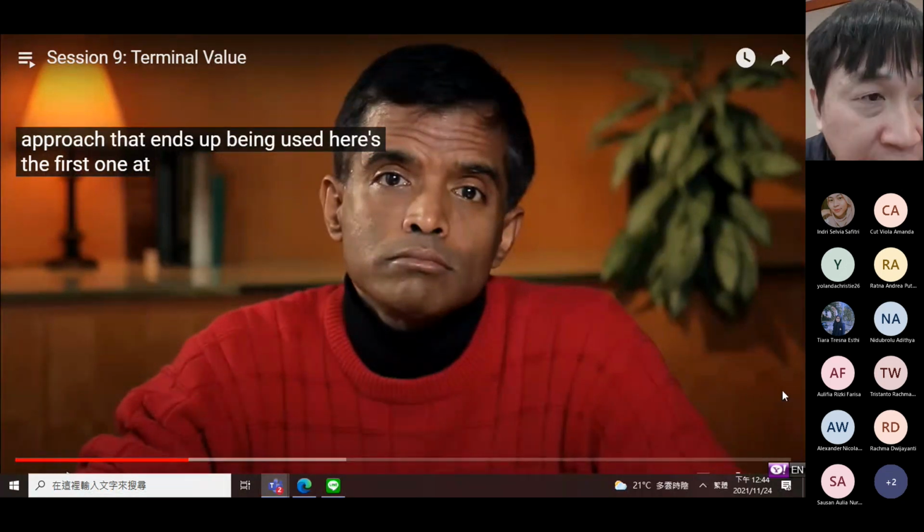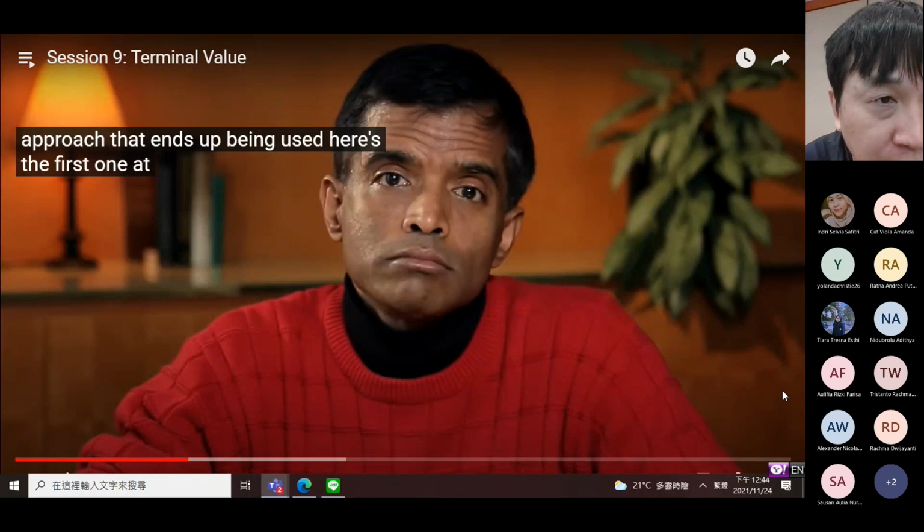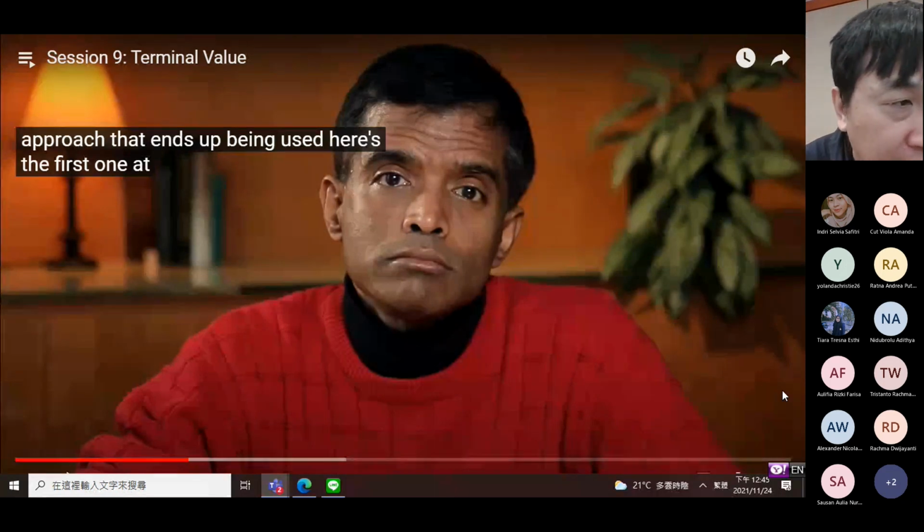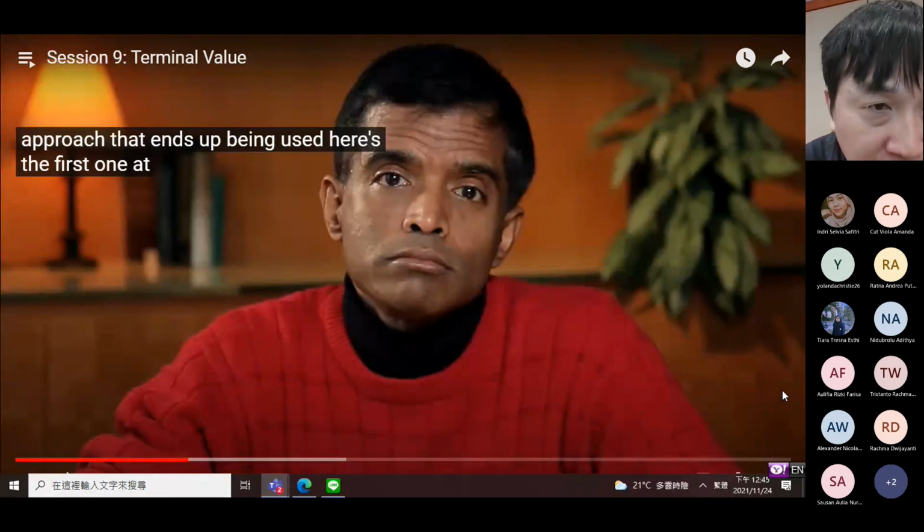The speaker mentioned the 3 approaches to do valuation. So what are the 3 approaches? The first approach is the intrinsic value approach, in other words, the cash flow model.